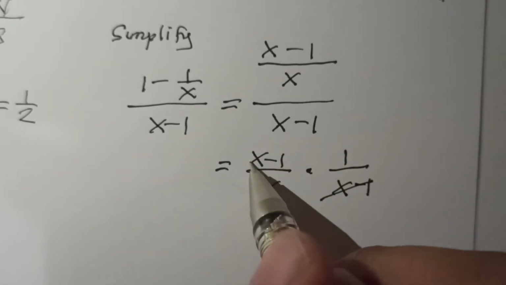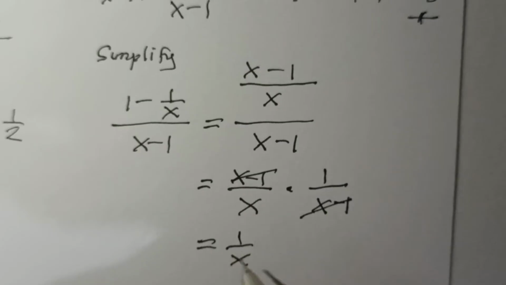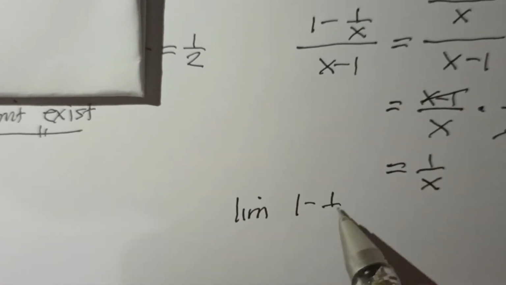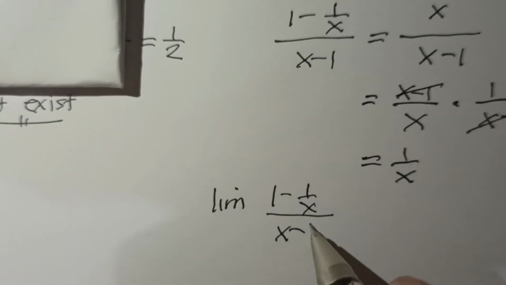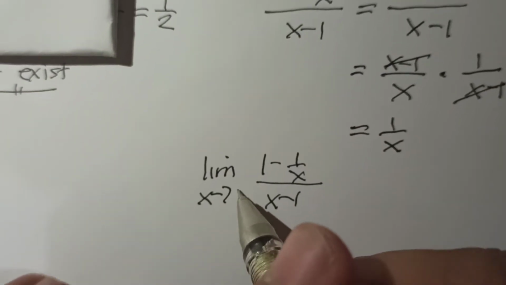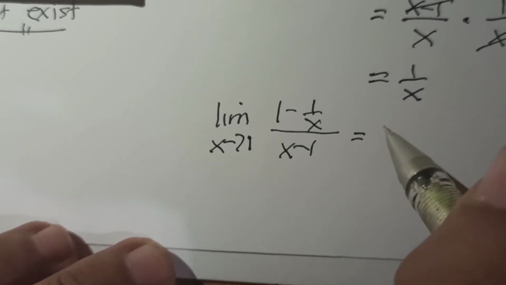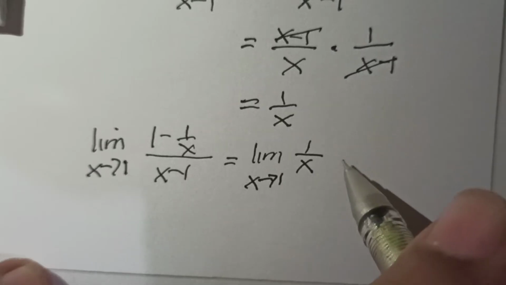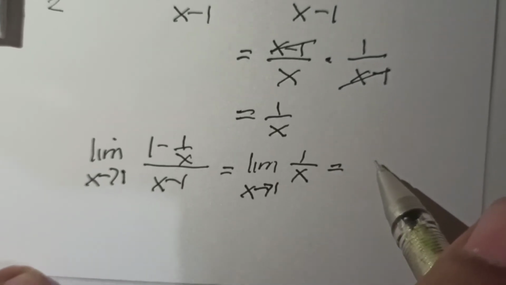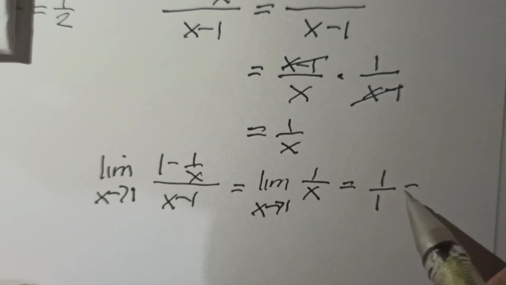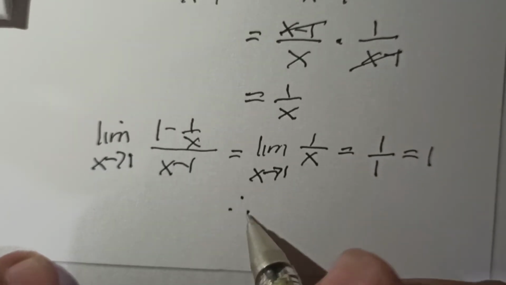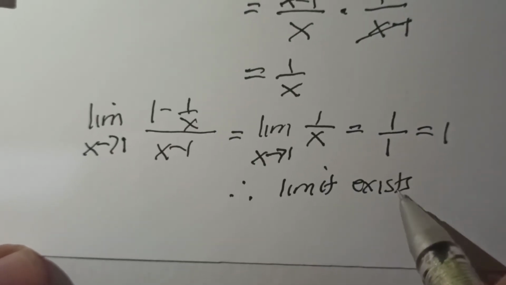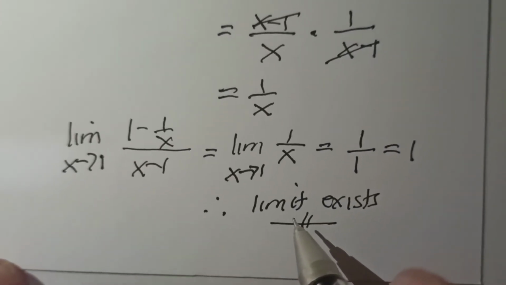So cancel this part. The remaining is 1 over x. So we could say that the limit of 1 minus 1 over x minus 1 as x approaches 1 is equal to the limit of 1 over x as x approaches 1. So by simple substitution, 1 over 1, that is equal to 1. So therefore, we could say that the limit exists. Okay? In number 5, the limit exists.